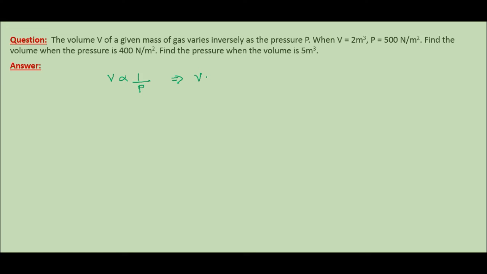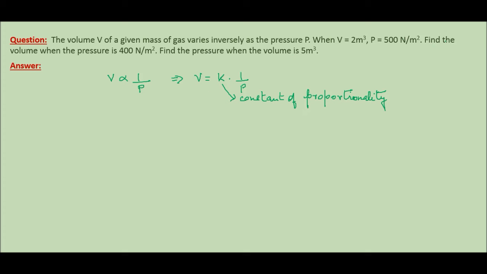So this can be written as V equals K times 1 by P, where K is the constant of proportionality. You can take any other alphabet as well.